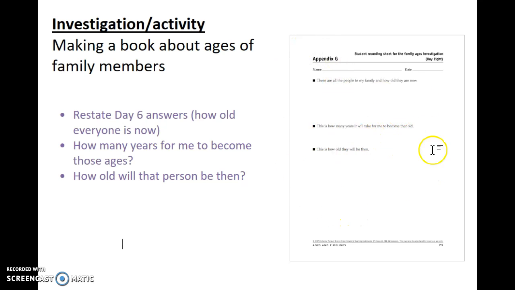But I would guess that they're going to need more paper, more like worksheet support to keep track of all of these steps. That said, this is the final thing, so once they're done with this, they'll be able to make a nice picture for the cover of the book and put it all together and feel really good about that. And that is basically it for the Day 8 Activities Investigations.